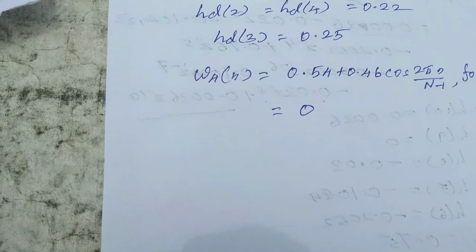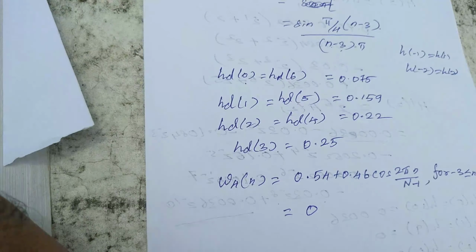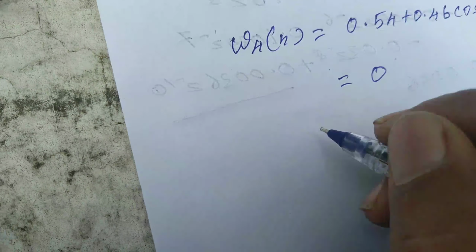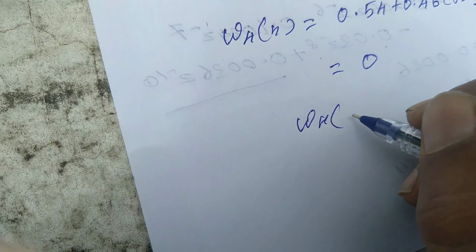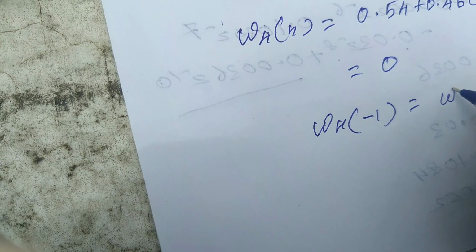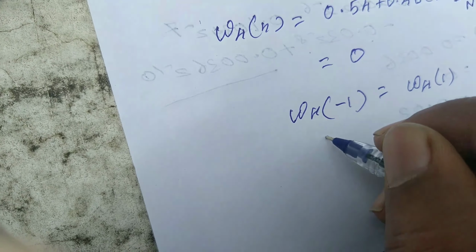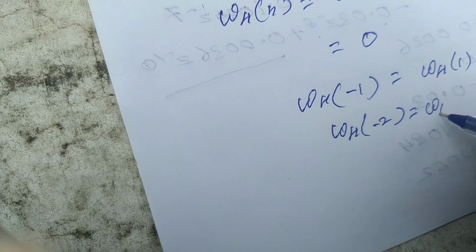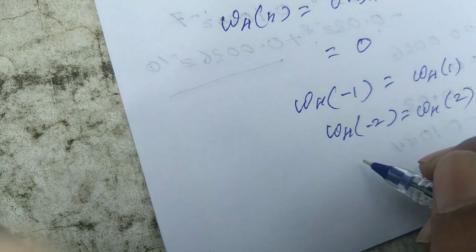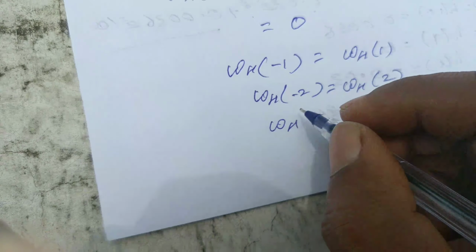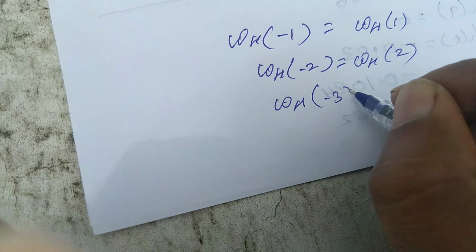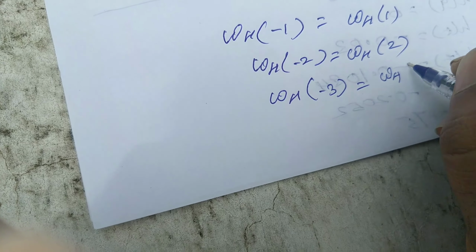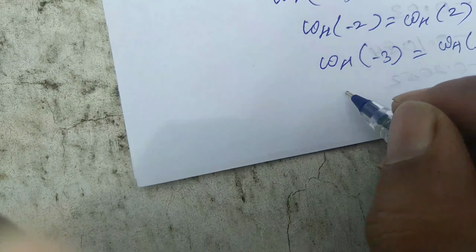Now we have to find the coefficients. wh of minus 1 equal to wh of 1, wh of minus 2 equal to wh of 2, wh of minus 3 equal to wh of 3.